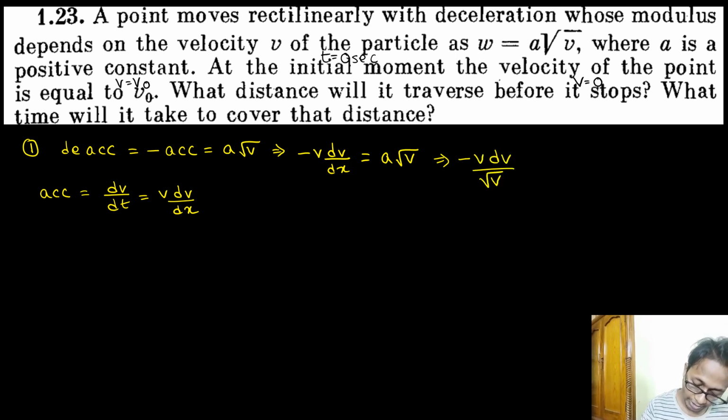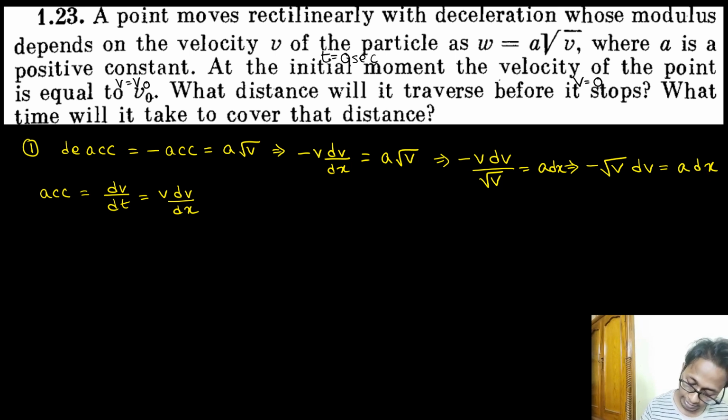Why root v? I took this root v to the left hand side, is equal to a, where a is a constant, or minus root v dv is equal to a dx. I forgot to take this dx to the right hand side. We have to take this dx to the right hand side.